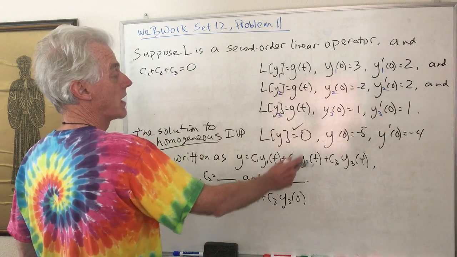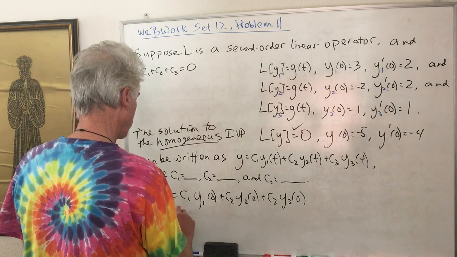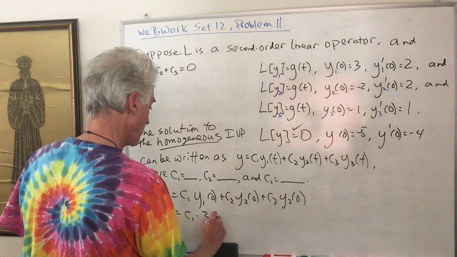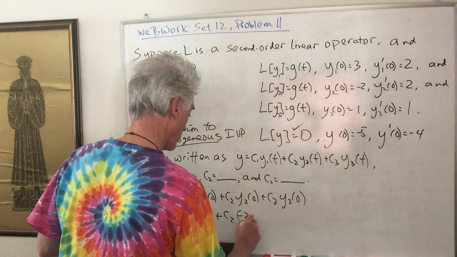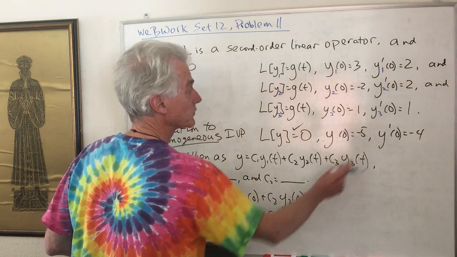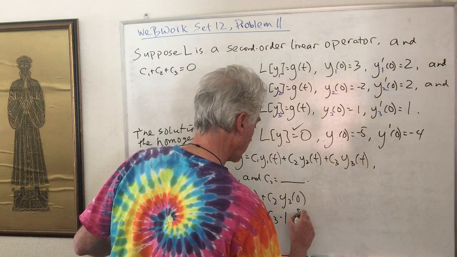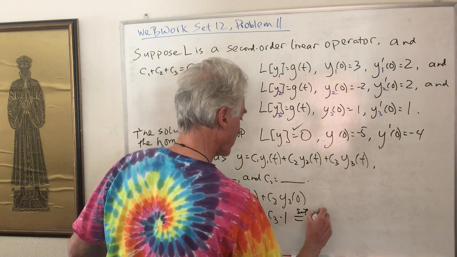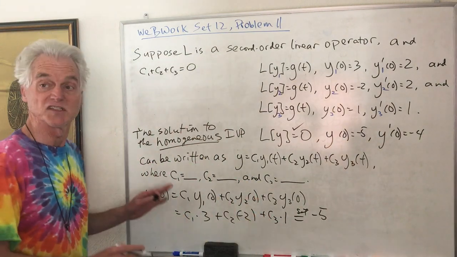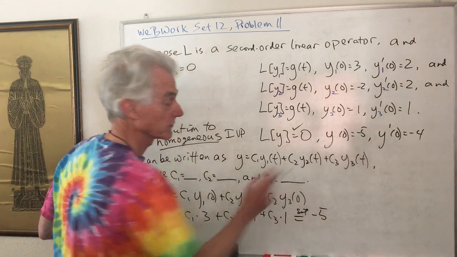But I know what y1 of 0 is. That's 3. This is equal to c1 times 3 plus c2 times, what is y2 of 0? Negative 2. Plus c3 times, what is y3 of 0? 1. And I want to set that equal to negative 5. Because I want to choose c1, c2, and c3 so y of 0 is negative 5, right?